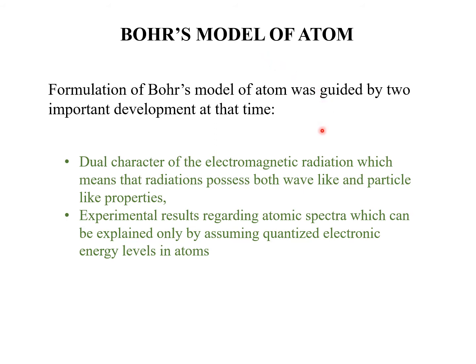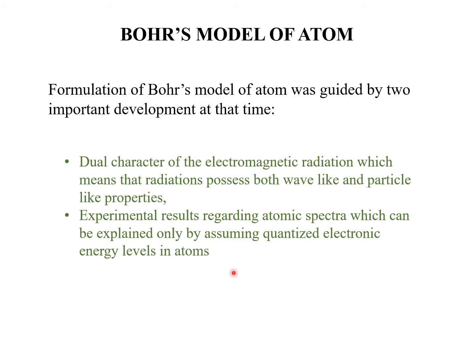The first development was the dual character of electromagnetic radiation, which means that radiation possesses both wave-like and particle-like properties. The second development was the experimental results regarding atomic spectra, which can be explained only by assuming quantized electronic energy levels in atoms.